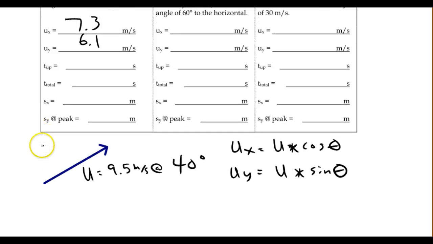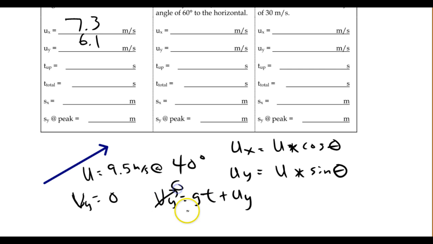Now, time up, the time it takes to fly or reach the top of the flight. The easiest way to figure that out is to realize that at the top of the flight, the Vy is going to be 0. And Vy is equal to gt plus uy. We have uy, we know g, and we know this is going to be 0.